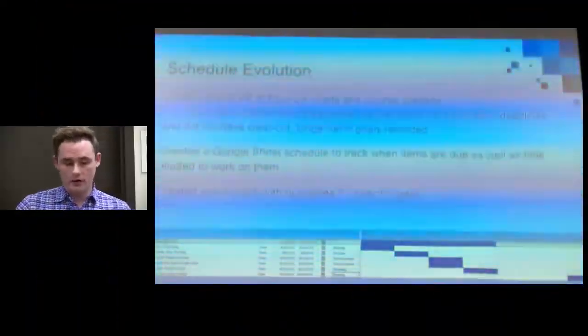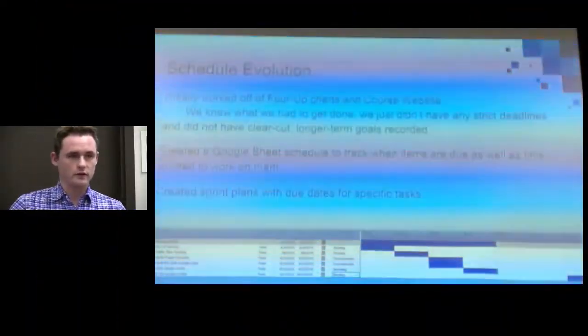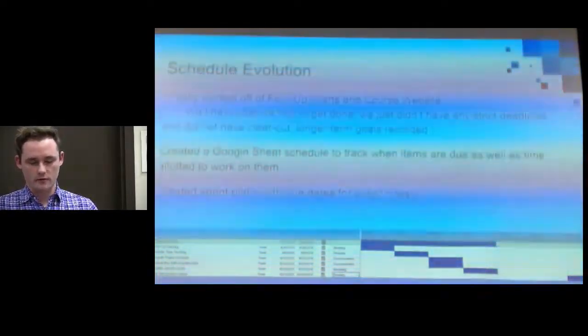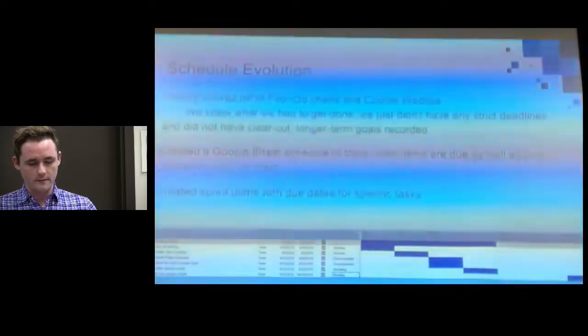All right, so once we went through all of our process methodologies and got all of our planning down, we started to develop our schedule. Initially, we just started working off of our 4-up charts and using benchmarks that were given on the SE course website.